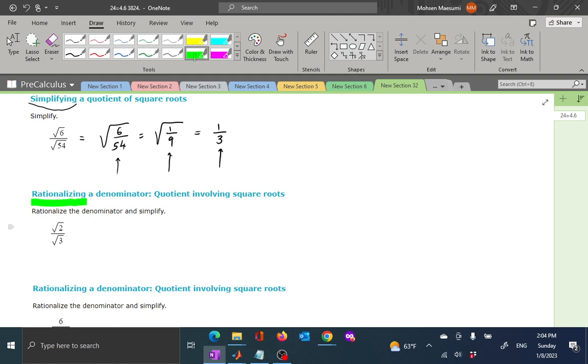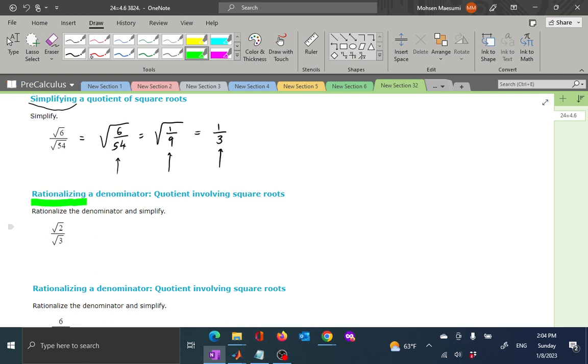The question is, can it be made simpler? Well, what's so complicated about radical 2 over radical 3? You have to take 2 square roots, and square root is not a simple operation. If we can reduce it to just 1, we have saved some time.